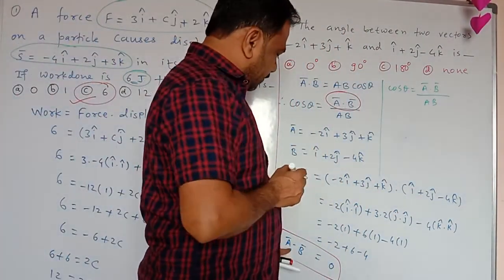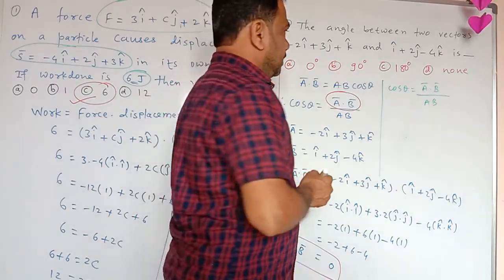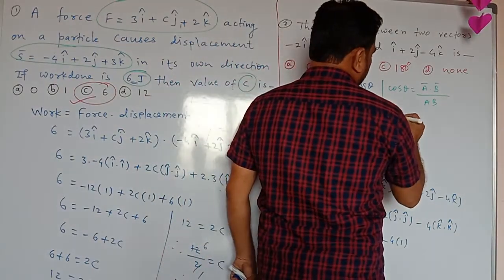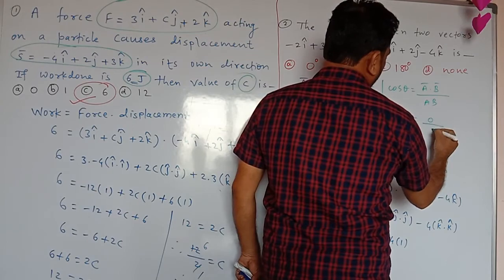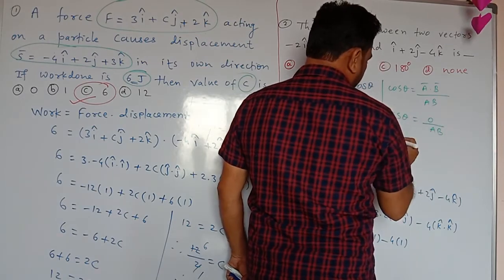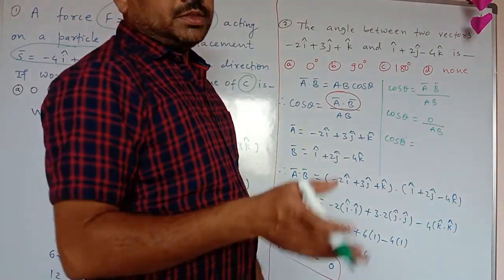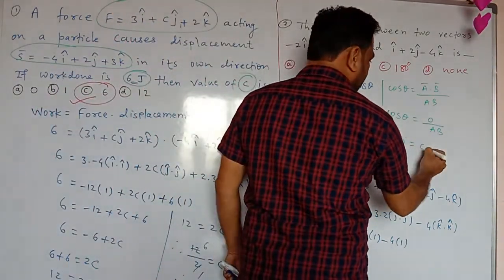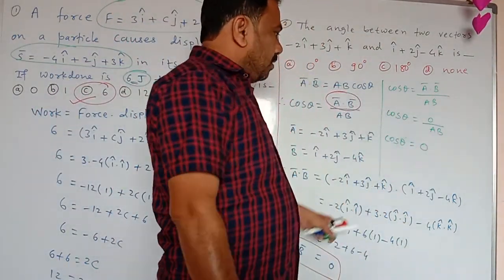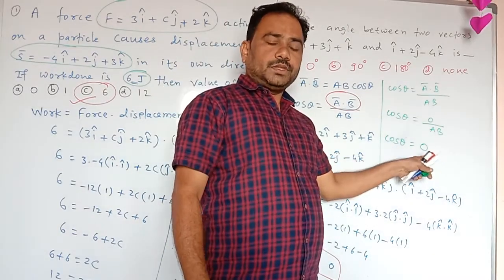Okay. So what is the value of vector A dot vector B? It is 0. So cos theta is equal to 0 upon AB. And what is 0 upon AB? 0 upon AB means what? Definitely 0.